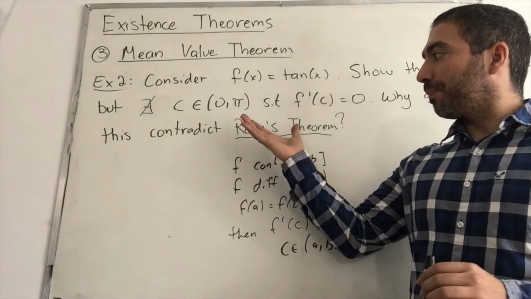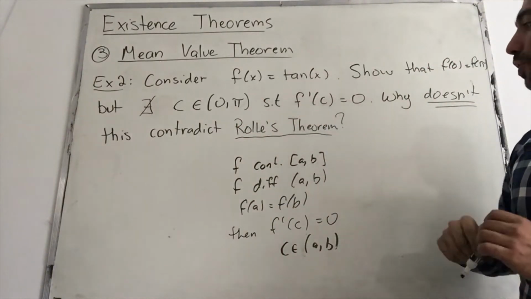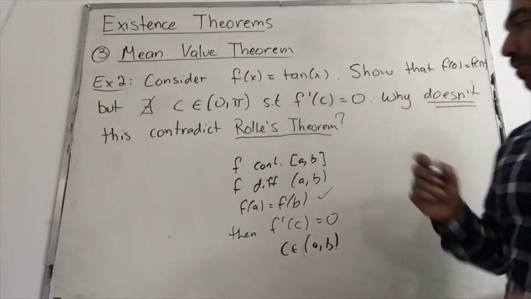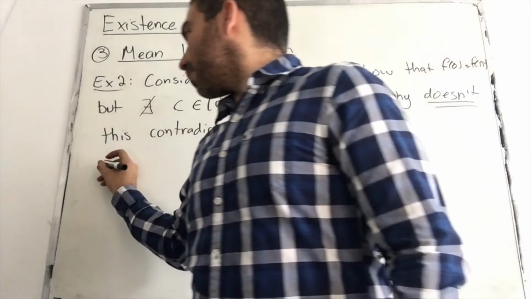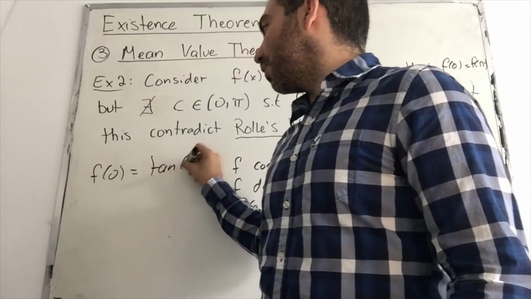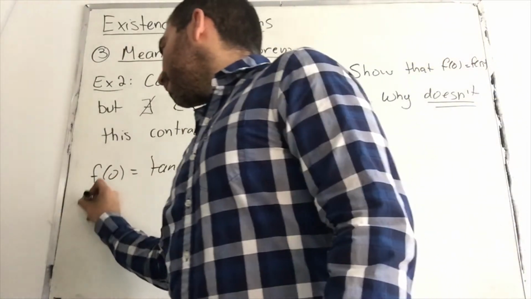Okay, so this is essentially what Rolle's theorem is telling us. Why doesn't this contradict this statement? So let's go ahead and show first of all that this is satisfied. Show that f of 0 equals f of pi. So f of 0, the function we're working with is tan, so tan of 0 we all know is just 0. And then what's tan of pi?